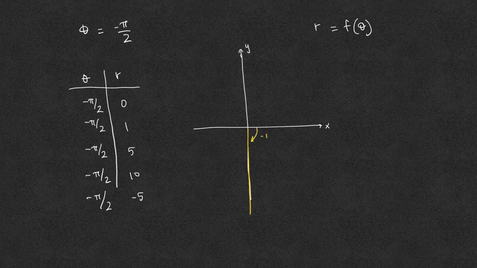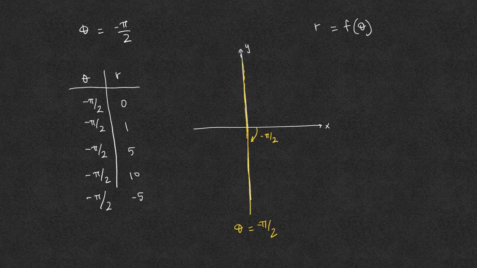What this means is that this is the equation of the vertical line that goes through x equals 0. And this equation in polar coordinates is theta equals negative pi over 2.